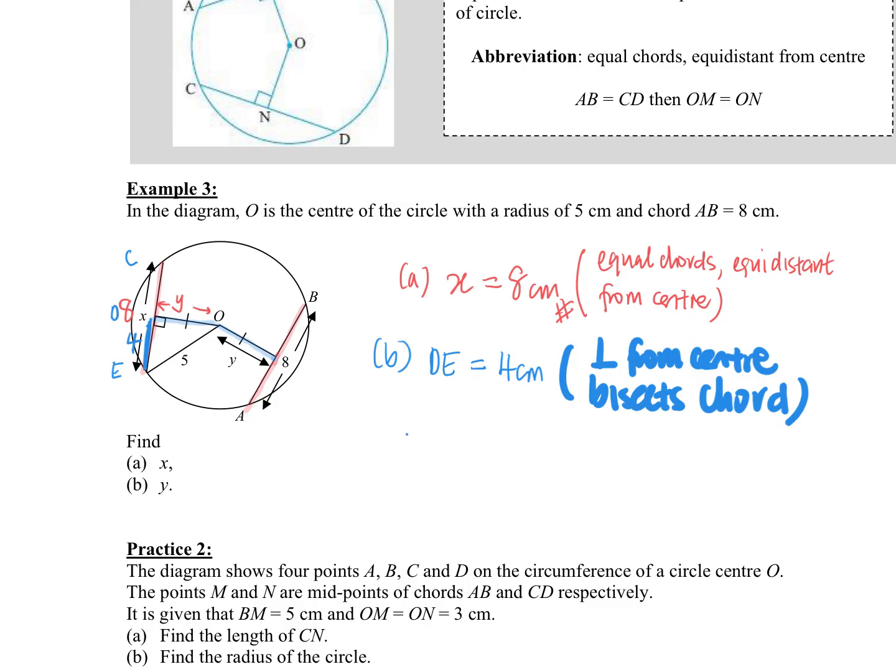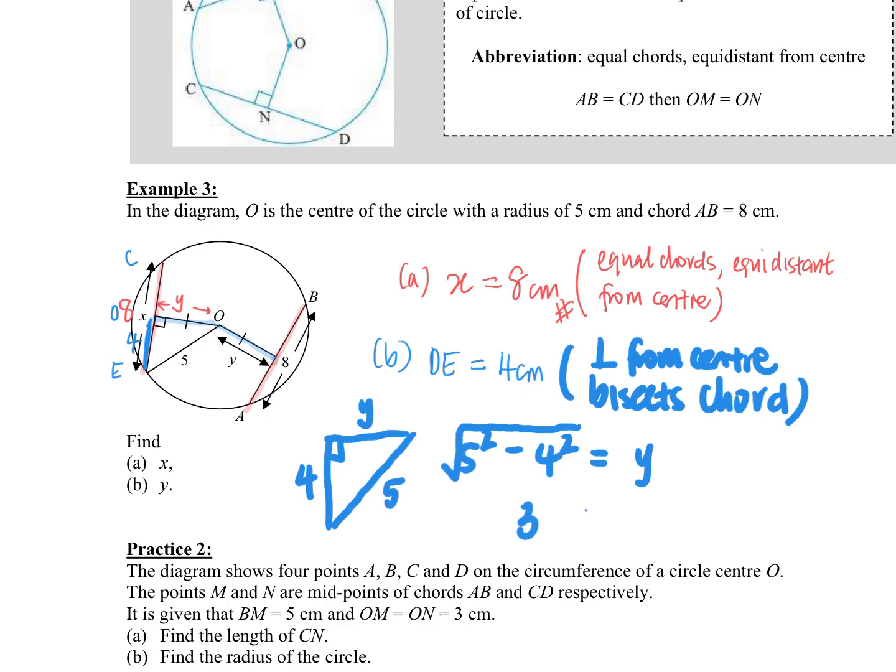Okay, now you zoom into the right angle triangle. This is y, this is 5, this is 4. So 5 square minus 4 square equals to y square. Then you take a square root. So it should give you a very nice 3 cm. How did you know that? Because 3, 4, 5 is a Pythagorean triplet.